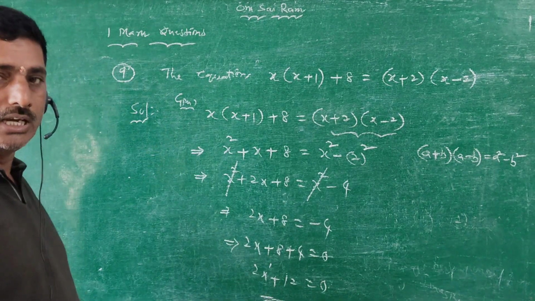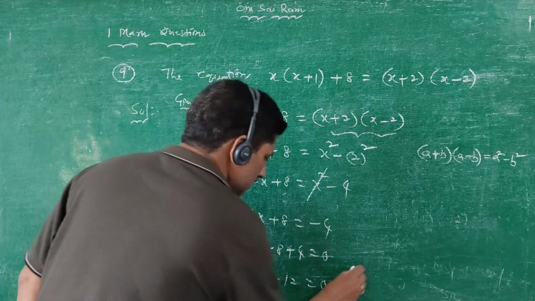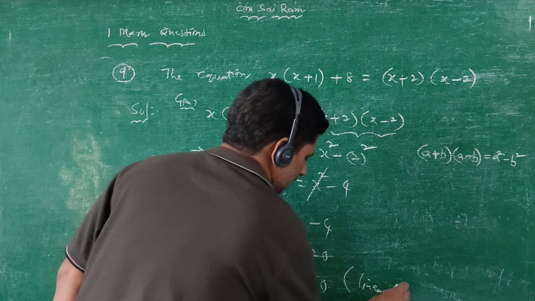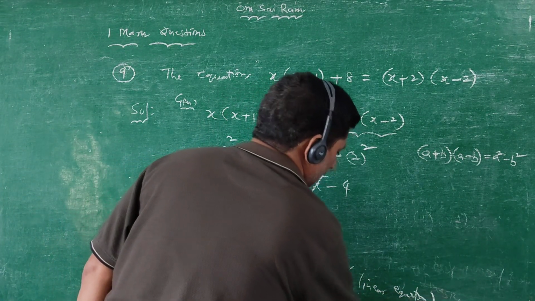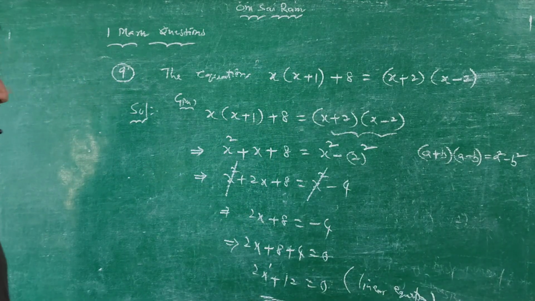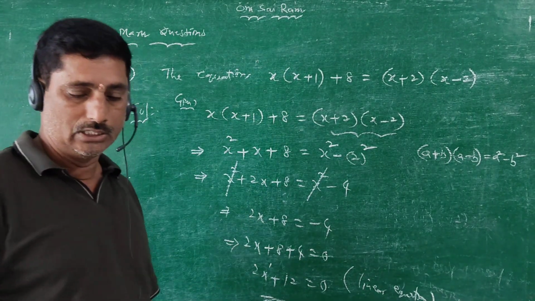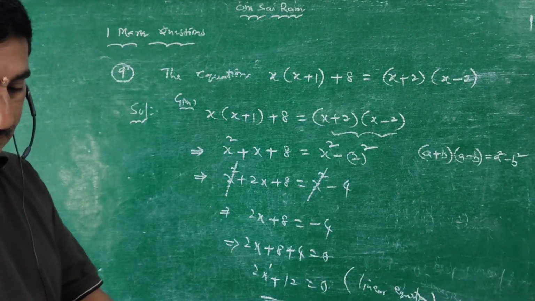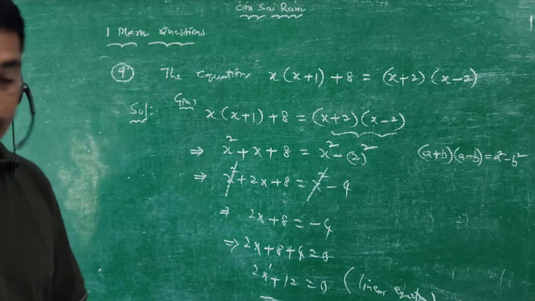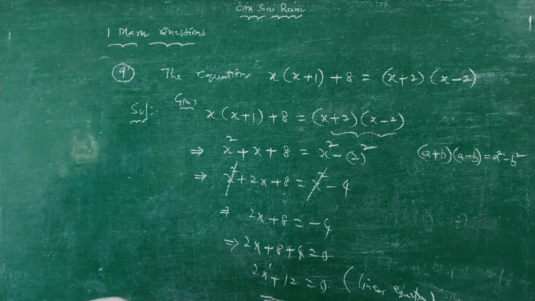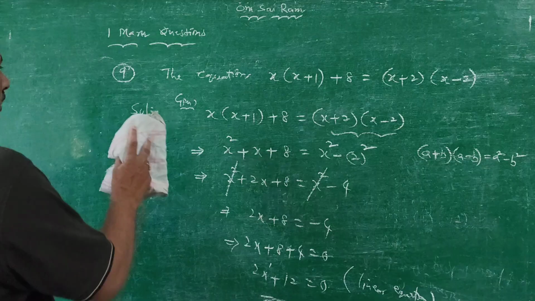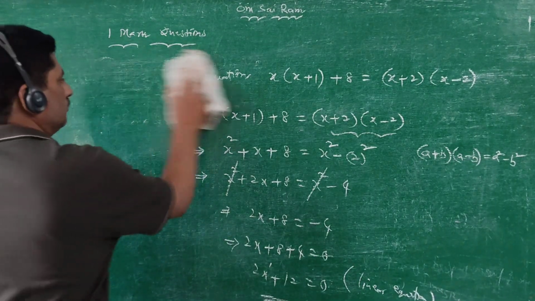The degree of the equation is 1, so that's why it is linear. Without simplifying, I can't say that. After simplifying this, we get the degree of the equation as 1, so we can say that it is linear. Okay, next, the 10th question.